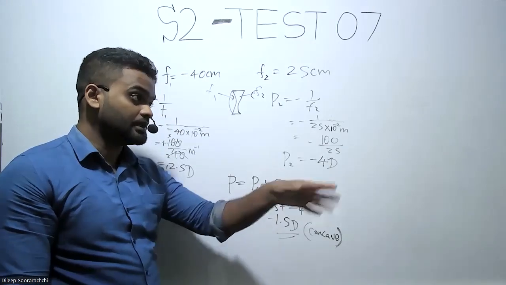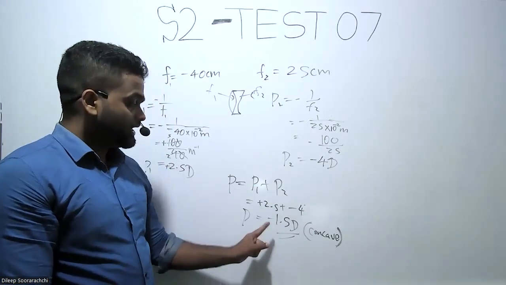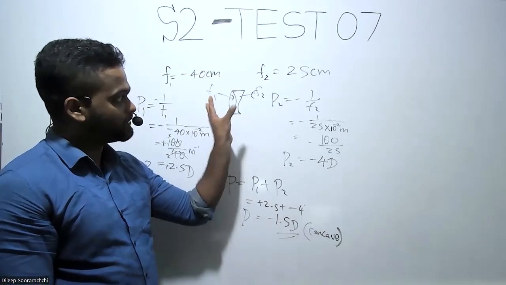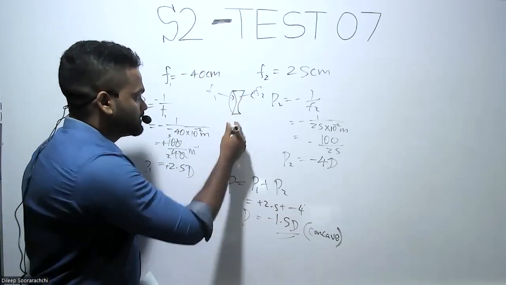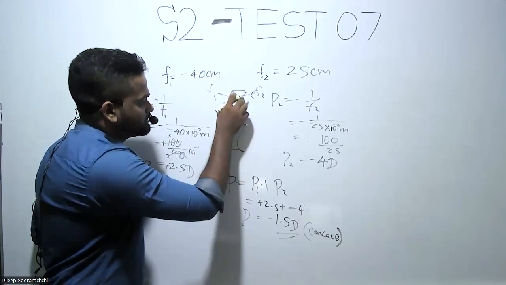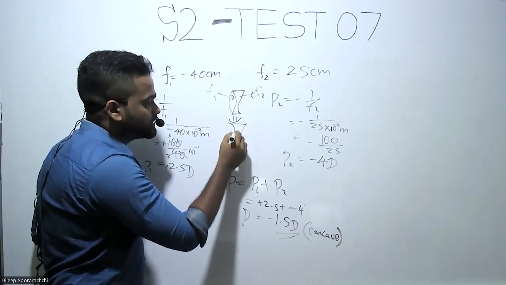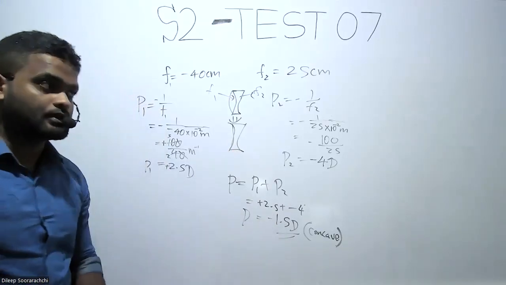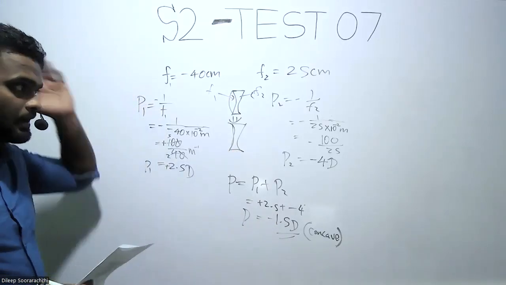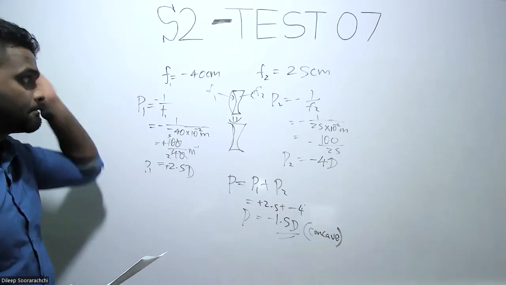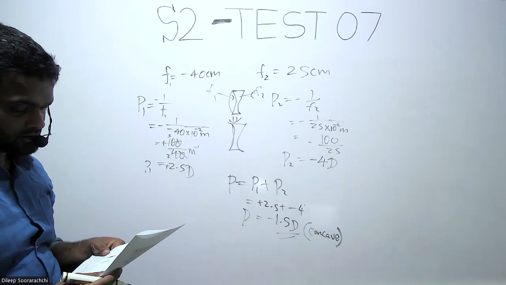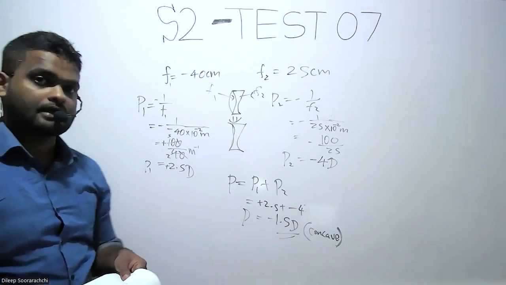It will be useful in MCQs. If power is negative, the compound lens created by this whole thing is equivalent to a concave lens, since the power is negative there. Answer is the first one for the 9th question.